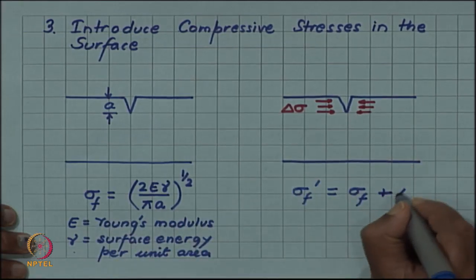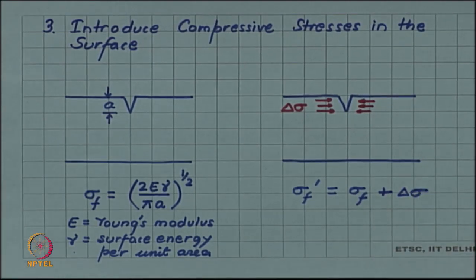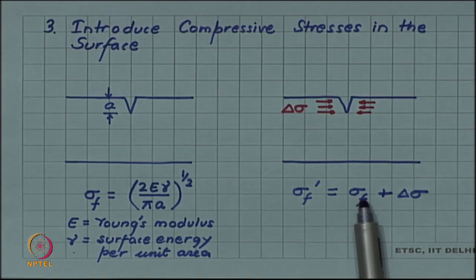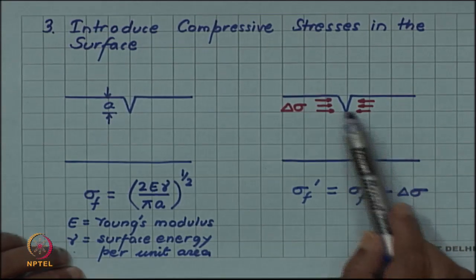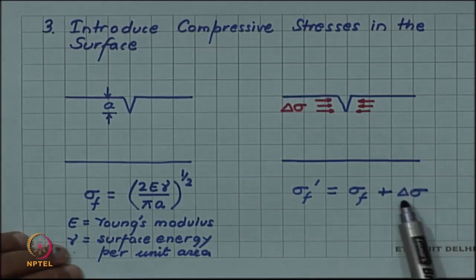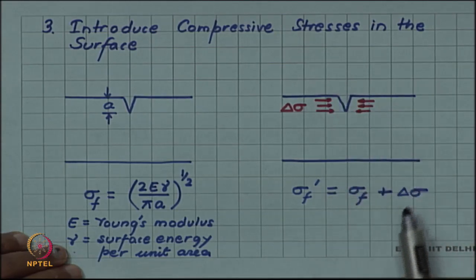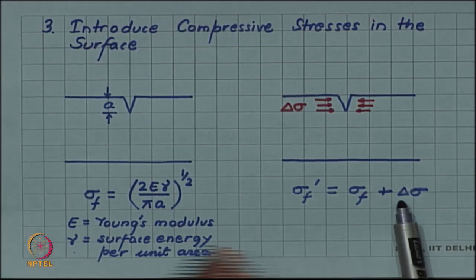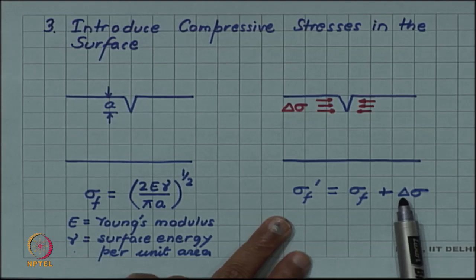plus the compressive stress delta sigma, because remember sigma f is tensile and only the tensile stress opens up the crack. So, if you have put delta sigma compressive stress on that, this much of tensile stress is first required to bring the effective stress at the crack faces to 0, and then additional sigma f is required for the crack to propagate.